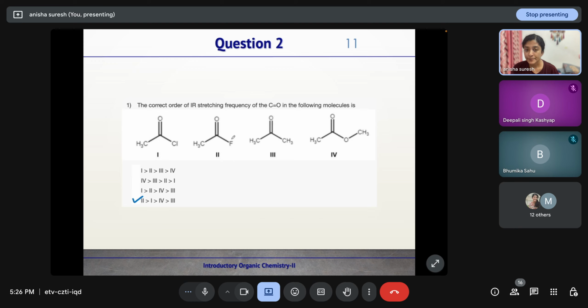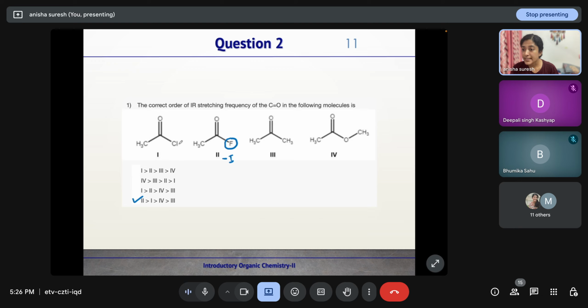So here, when we consider the electrophilicity of this carbonyl center, this fluorine being an electronegative atom will have a minus I effect, inductively pulling the electron density towards it. So this carbonyl CO bond will become shorter.